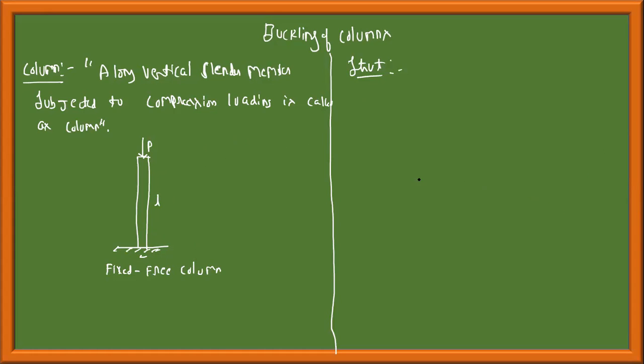you might have seen trusses like this, right? Roof trusses. For example, any farmhouse or houses made of sheets, or in industries, you will come across these types of structures.